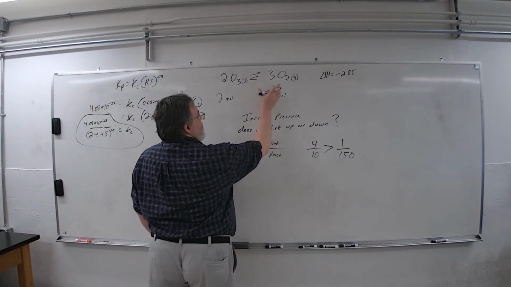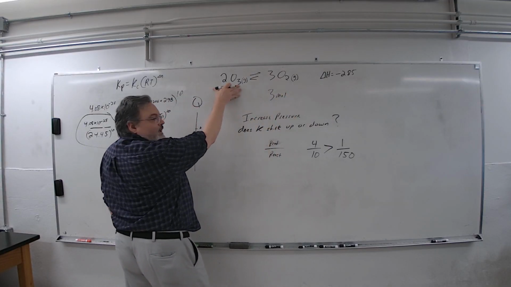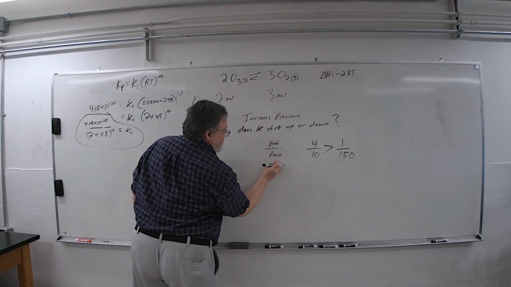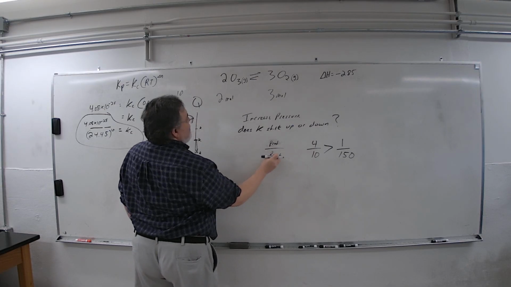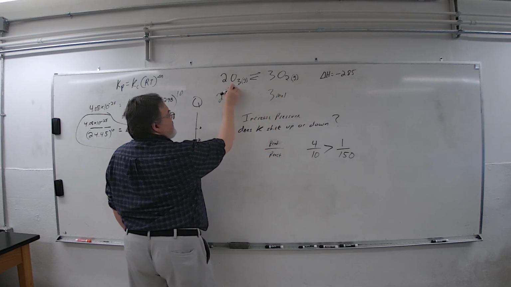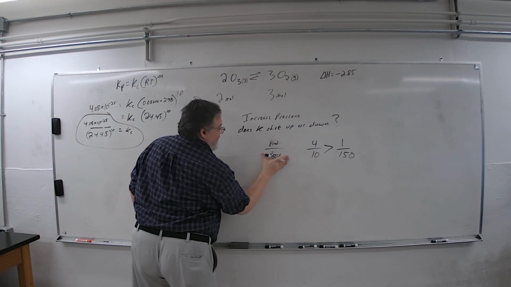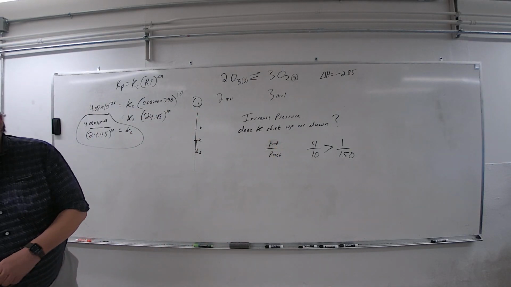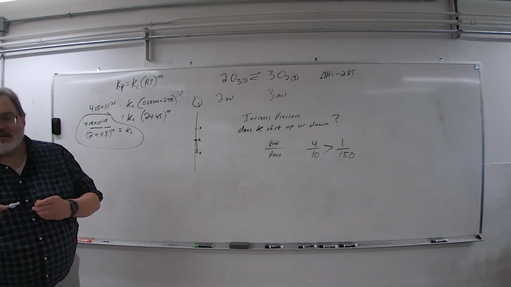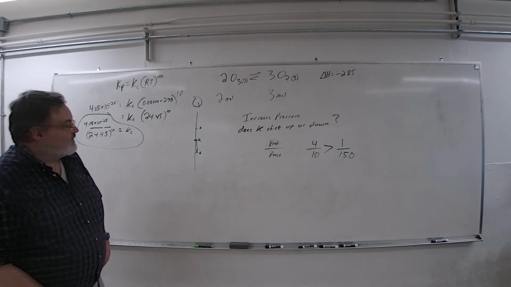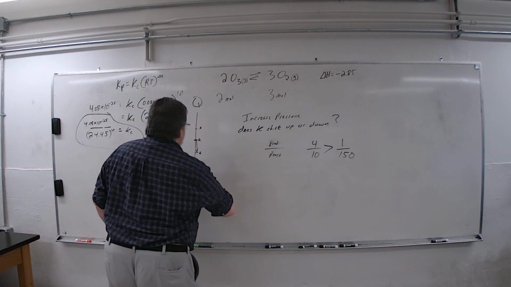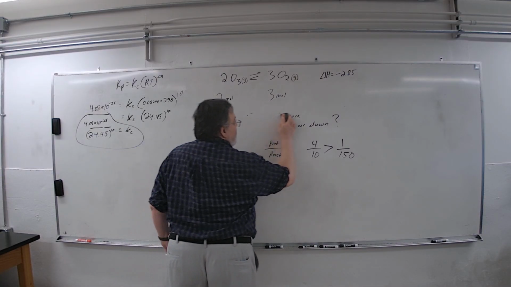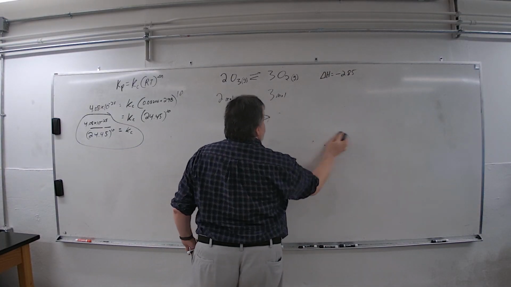If we're shifting this way, this is getting smaller and this is getting bigger, which means this is getting bigger and this is getting smaller. I want to ask some of those, but I think it's too late. I wasted last Friday, so I'll ask that on test 3.